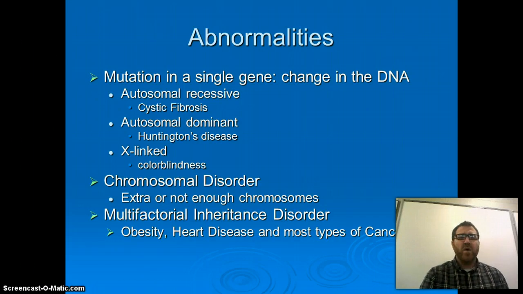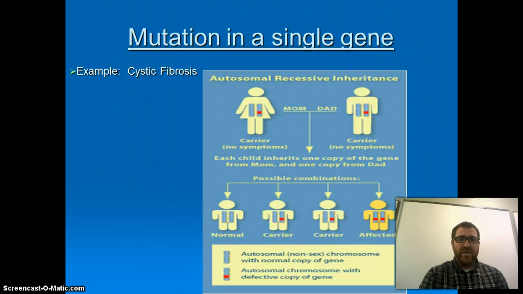So let's explore some of these specific disorders that are listed as examples. For instance, cystic fibrosis. Here we have one of those autosomal recessive disorders, and I really like this diagram because it gives us a nice, clear picture of how a person's offspring could end up getting this particular type of disorder.